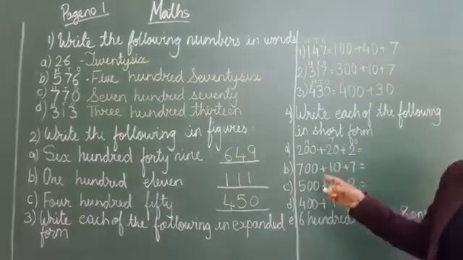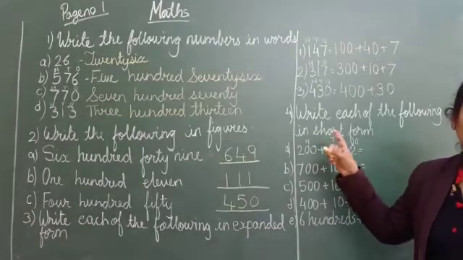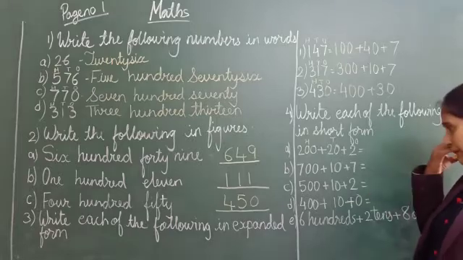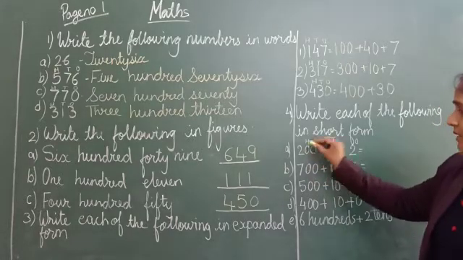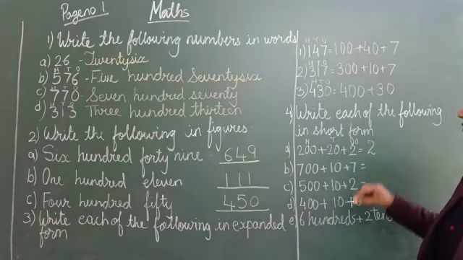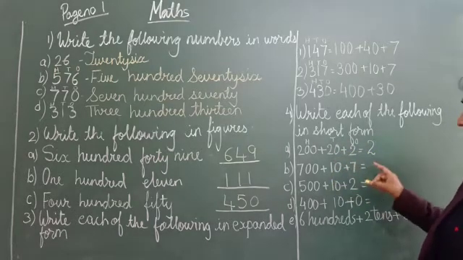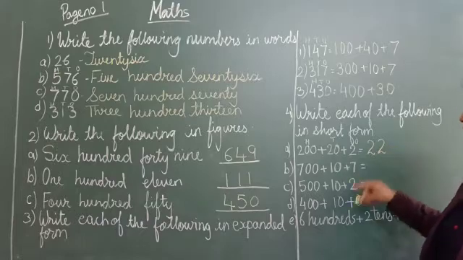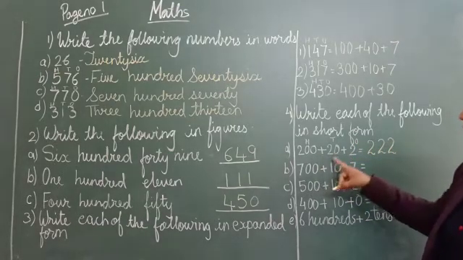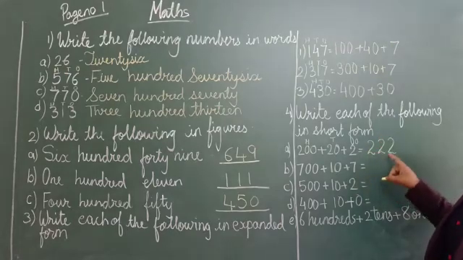Make the habit of writing like this so that it will be easy for you to read it. Now at 100 place we have 200, that means 2. At tens place we have 20, that means 2. At ones place, 222.